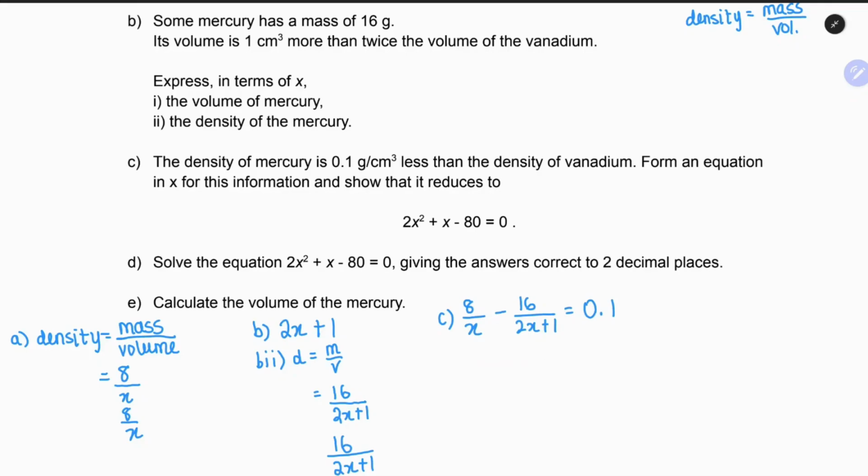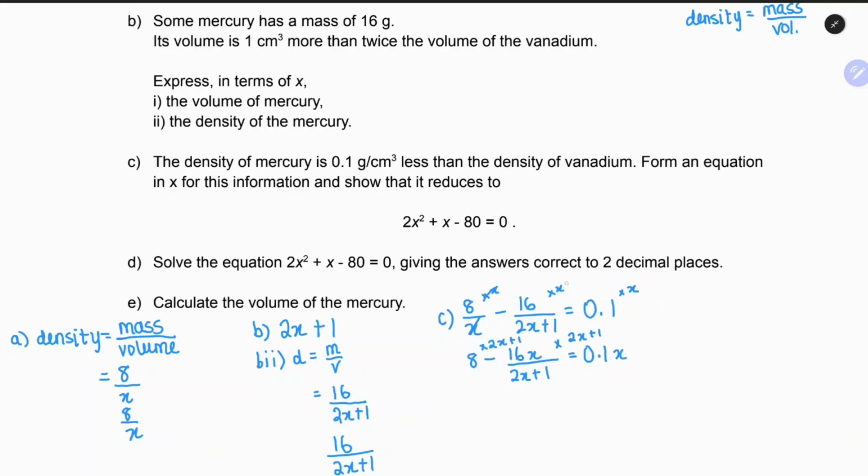So we're basically just going to do the same thing that we've been doing all along, in terms of reducing, just times x, times x. So this times x cancels the divided by x. So we're going to have 8 minus 16x divided by 2x plus 1 is equal to 0.1x. And then the next thing is times 2x plus 1.